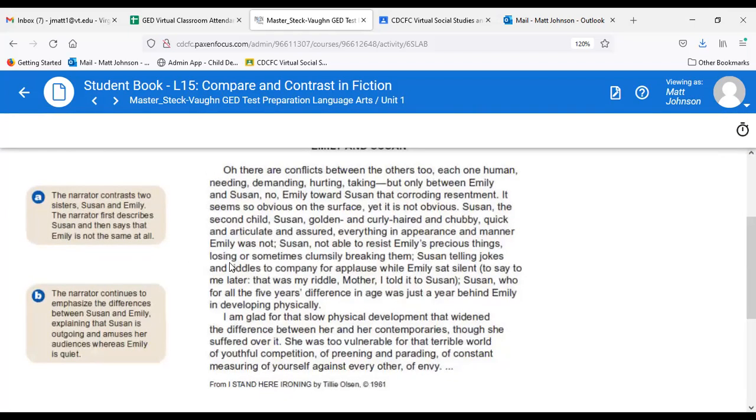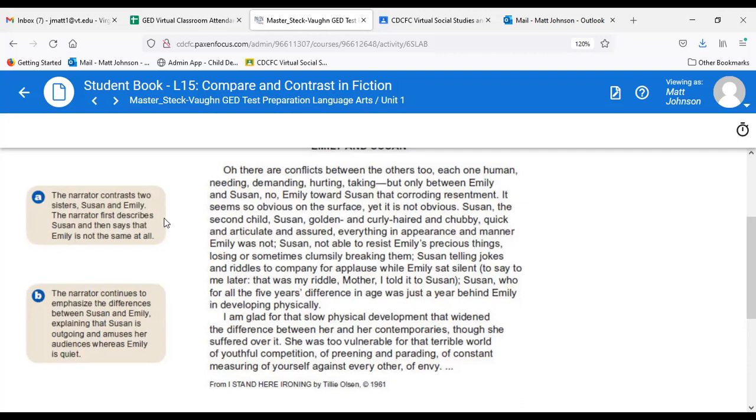in 1961. And it says, oh, there are conflicts between the others too, each one human, needing, demanding, hurting, taking, but only between Emily and Susan, no. Emily toward Susan, that corroding resentment. It seems so obvious on the surface, yet it is not obvious. Susan, the second child, Susan, golden and curly-haired and chubby, quick and articulate and assured, everything in appearance and manner Emily was not. Susan, not able to resist Emily's precious things, losing or sometimes clumsily breaking them.